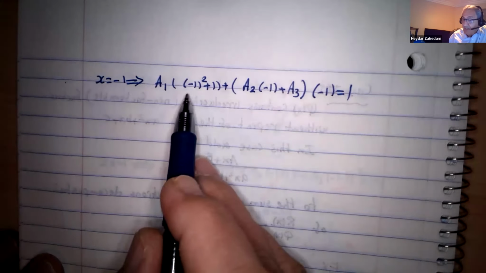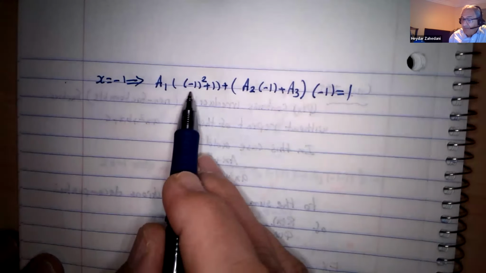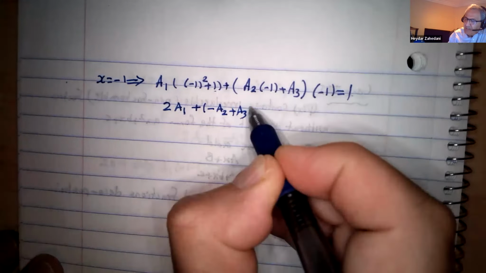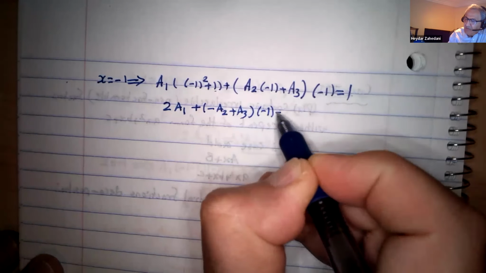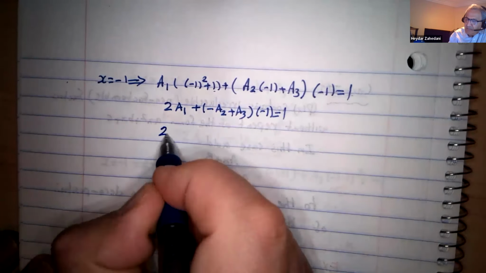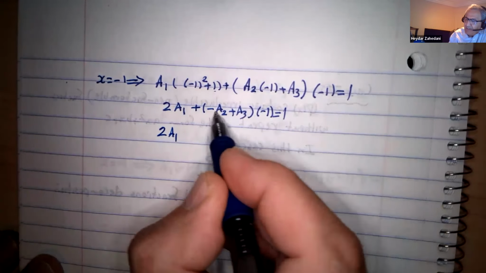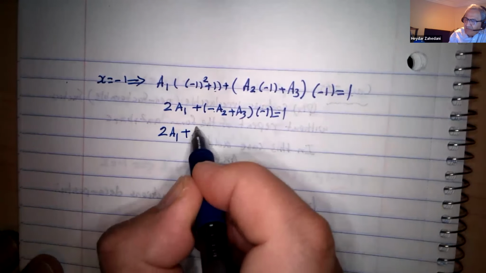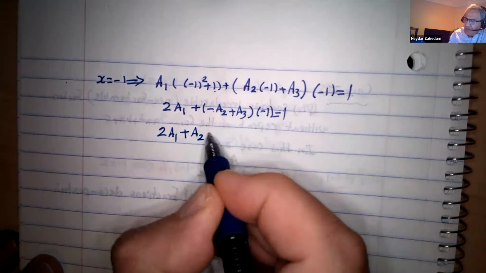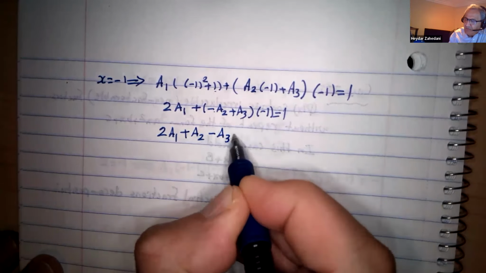Now, (-1) squared would be 1. 1 and 1 would be 2, so that would be 2A1. And over here, it's going to be plus (-A2 plus A3) times -1 equal to 1. So we get 2A1, and the negative with a positive, plus A2 minus A3 equal to 1.